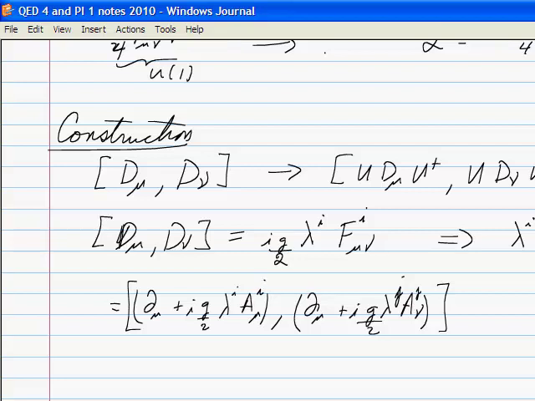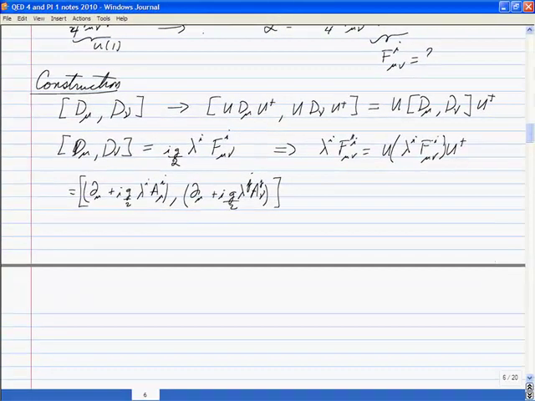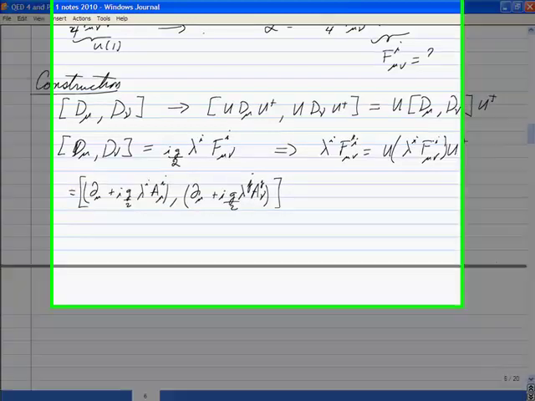Well, derivatives commute, so the derivatives by themselves don't play any role. But there's a piece where this derivative acts on A, and then in the opposite order, there's this derivative acting on that A. That doesn't commute. And then the two A's don't commute either, because they're like the Pauli matrices, which don't commute.